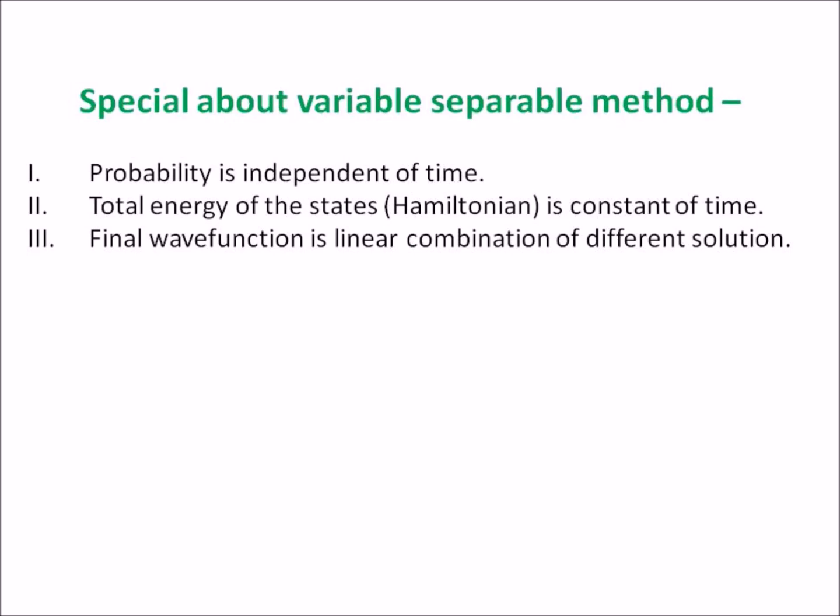This is mathematical. As we have seen in previous videos, we can write the total wave function in the form of some different wave functions as their addition. So this is a linear combination.